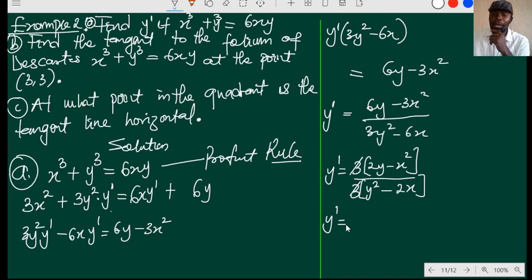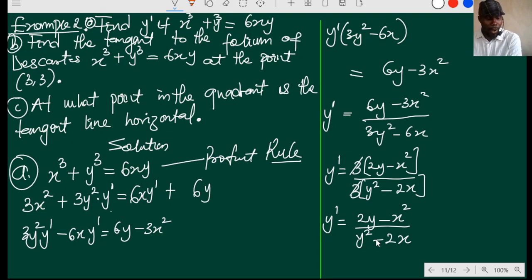Y prime will now be 2y minus x squared over y squared minus 2x. So this is the value of our y1. This is your differentiation. The only part that is a little bit complex is when we apply the product rule here, which I have explained.